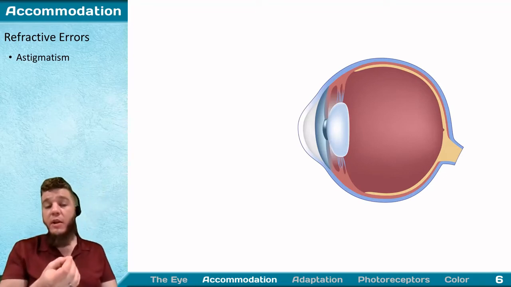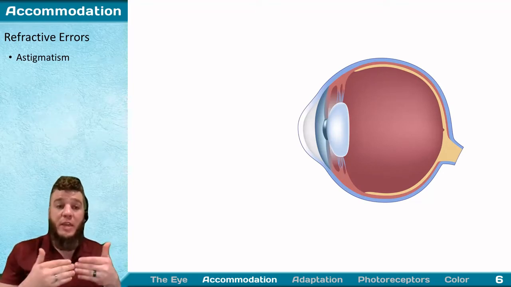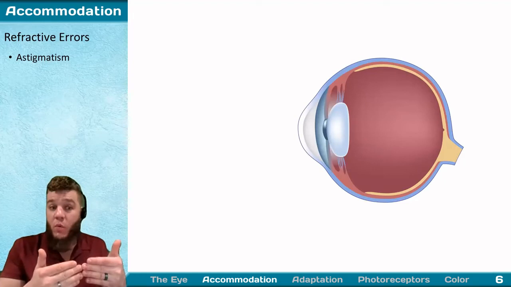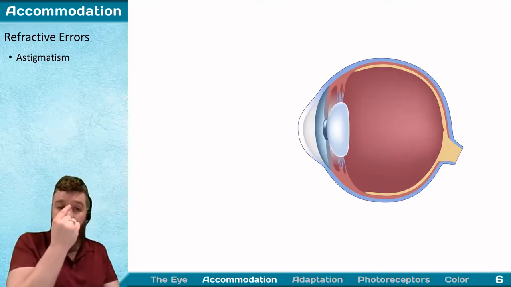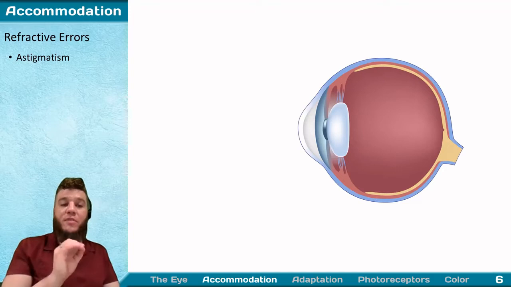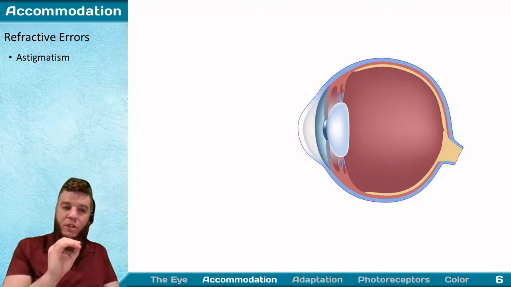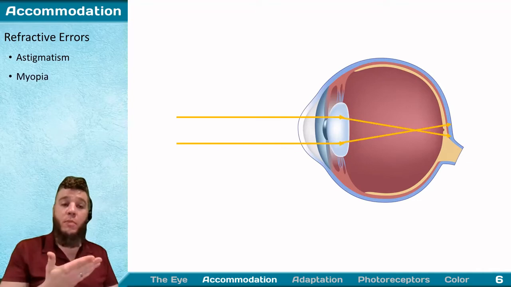Because it's an irregularity in the surface of your lens, those contact lenses are going to be customized for the specific wearer. So they actually include a little weight so that the contact will rotate down and always be in the same orientation within your eye, so that it is adjusting for the specific irregularities as opposed to more general irregularities such as myopia.